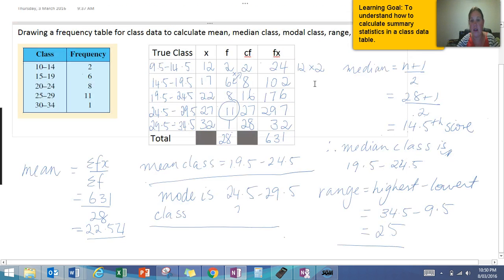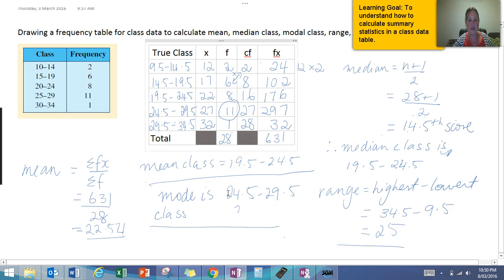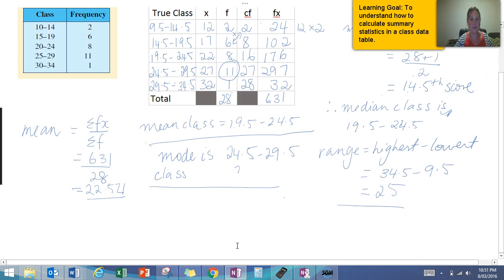And the last thing that we're asked to find is our standard deviation. Just like in the other video that looks at finding standard deviation using a frequency table, we follow the same method of entering that into our calculator.